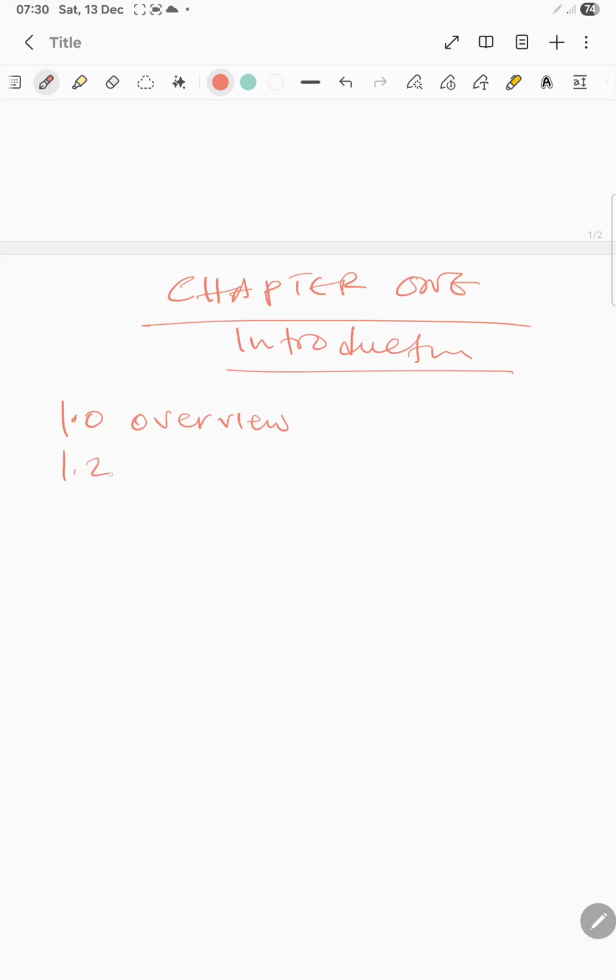Then we go to 1.2. 1.2 is called the background of the study. Now, what is this background of a study? So background of a study, this is where a researcher acknowledges in brief other scholars or other authors that have written on the same topic that they are writing.